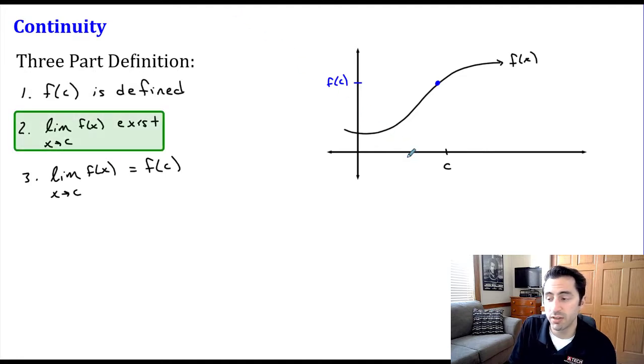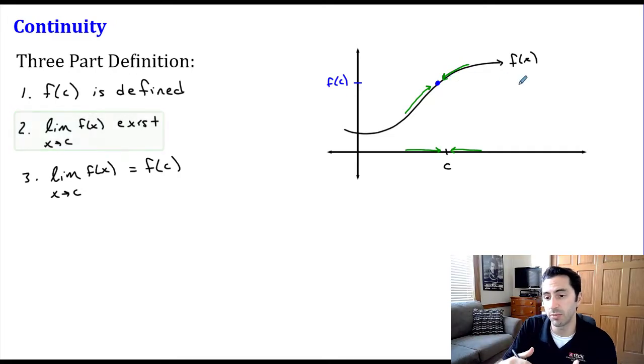The second piece of the definition is looking at the limit. So looking at the limit, it needs to exist. So as I come from the left side and as I approach from the right side, along my curve, these two limits need to be approaching some value. So for this limit to exist, they need to be approaching the same number.